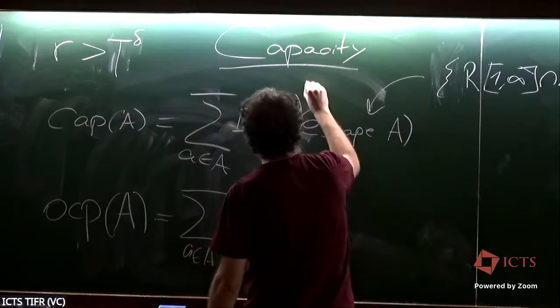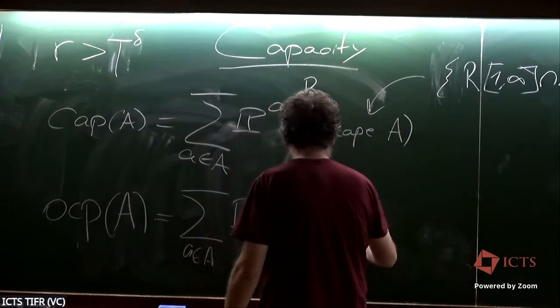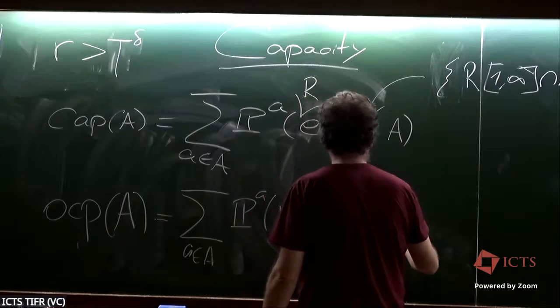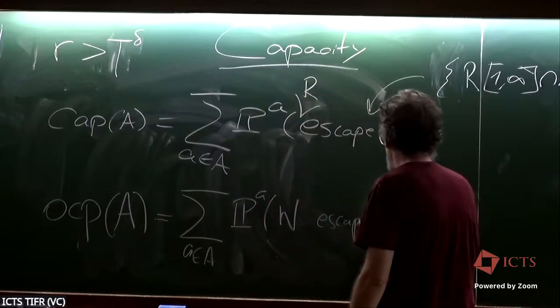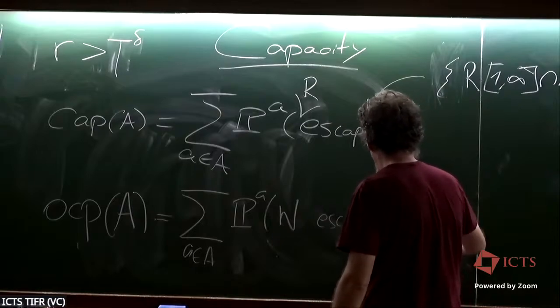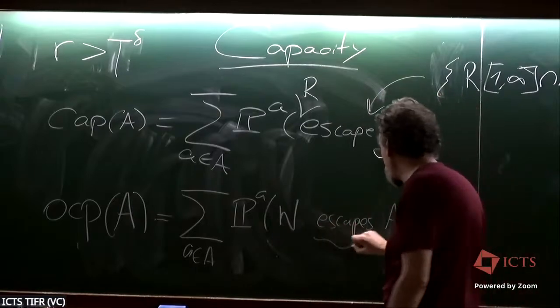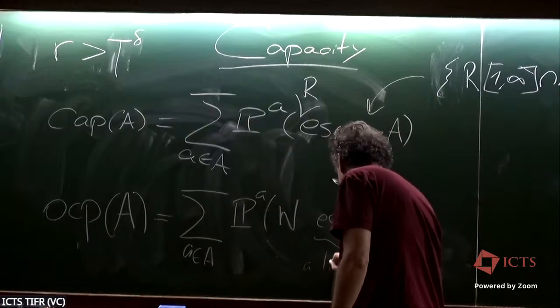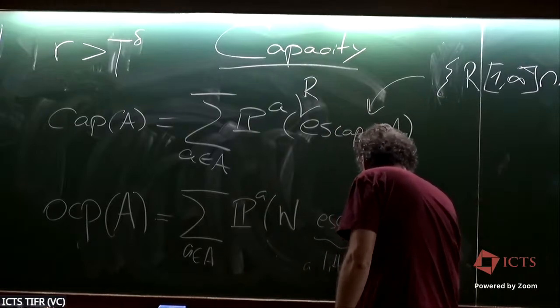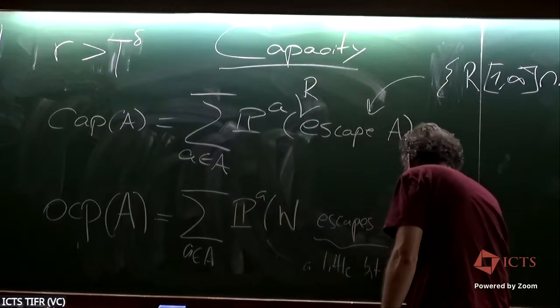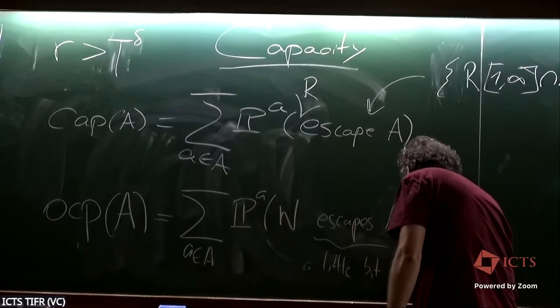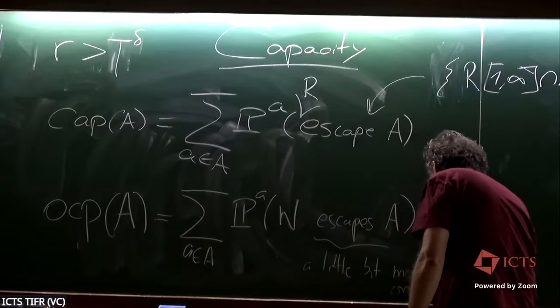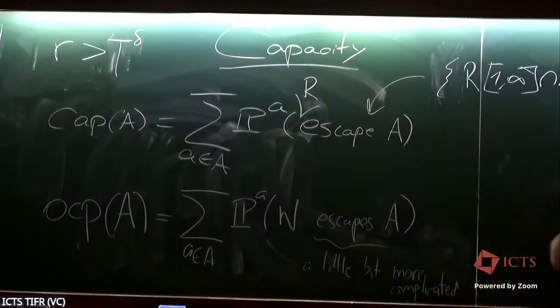Here it would be R, here it would be W. Like the once reinforced random walk escapes from A. Okay, and this is a little bit more complicated for technical reasons, but I think it's not worthwhile to discuss this complication. So the definition of escaping is a bit more complicated, but just think about it as something similar.